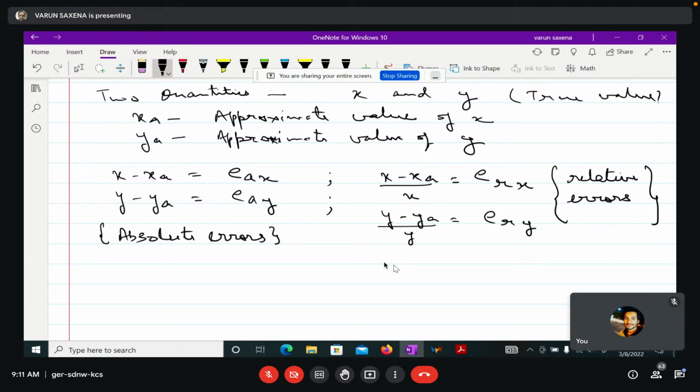All right. So let's look at the first case of addition.